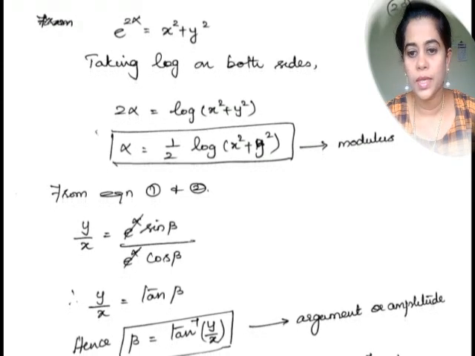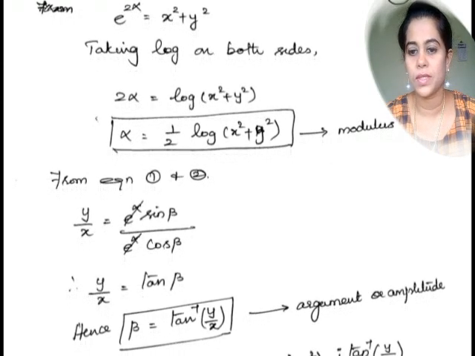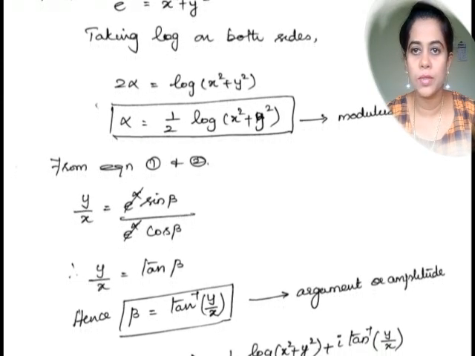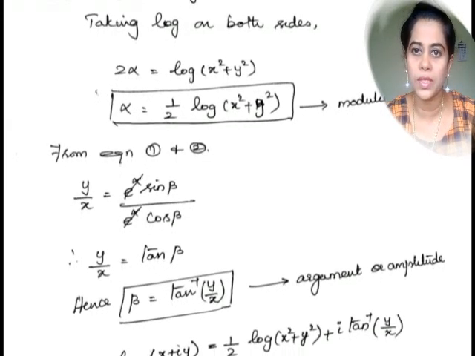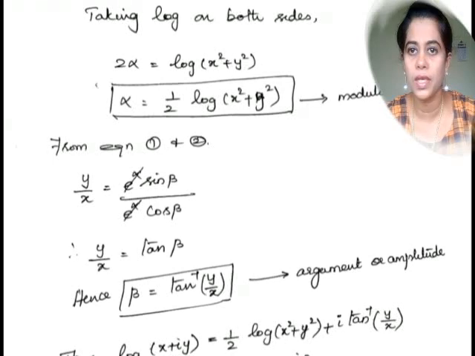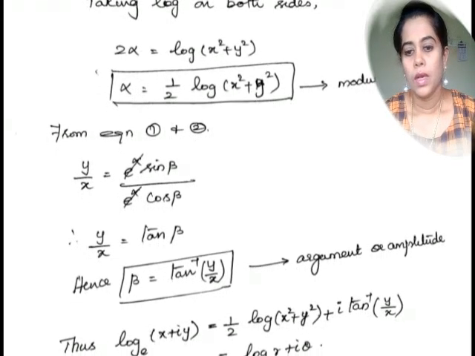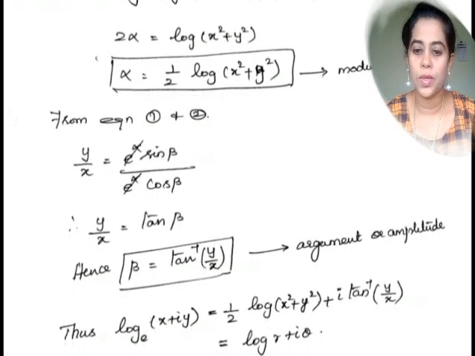Taking log on both sides, we get 2 alpha is equal to log of x squared plus y squared. From that, bringing the 2 to the other side, alpha is equal to 1 by 2 of log of x squared plus y squared. This alpha is the principal part of the log function, which is nothing but the modulus. So alpha is equal to half times log of x squared plus y squared.